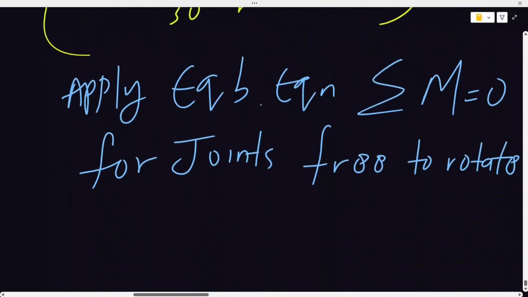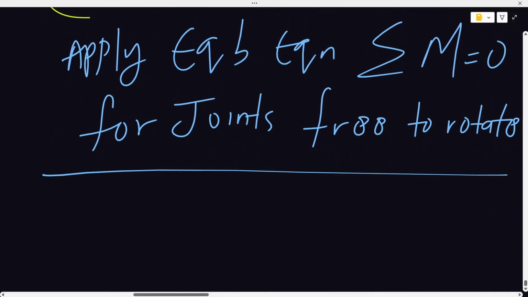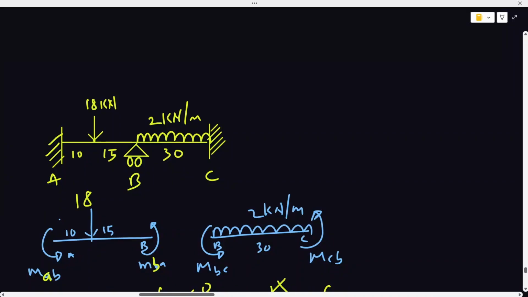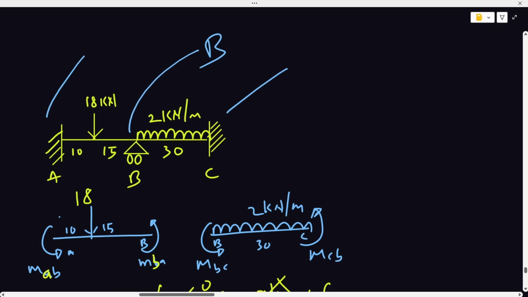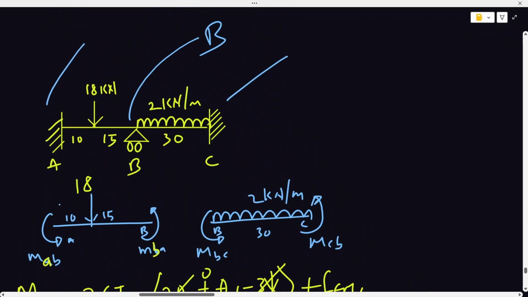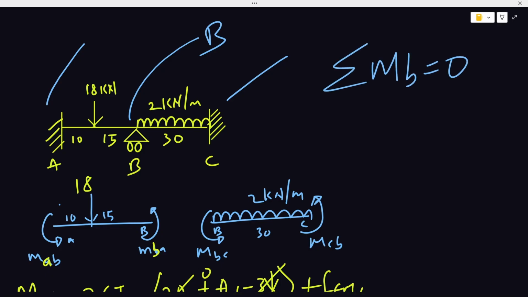So looking at this structure once again, A can't rotate, C can't rotate, B, based on the boundary condition, can rotate. So we say that we're applying the equilibrium equation of summation MB equal to 0.